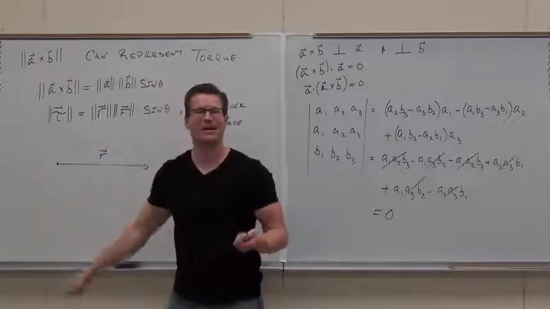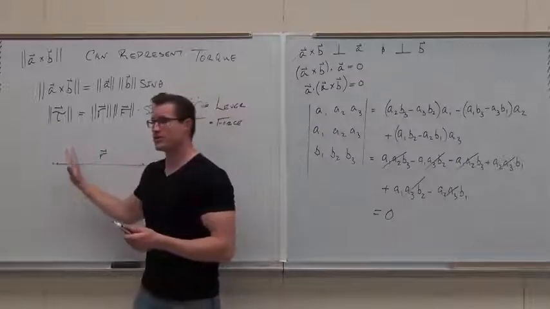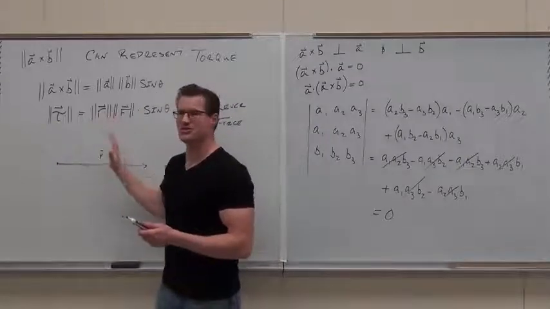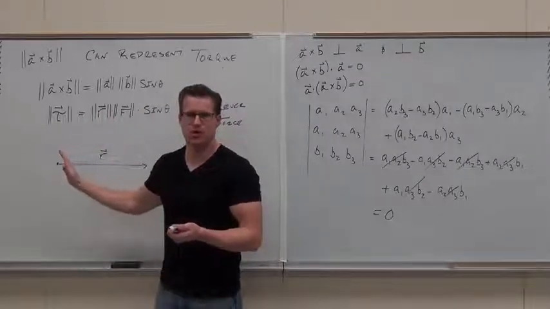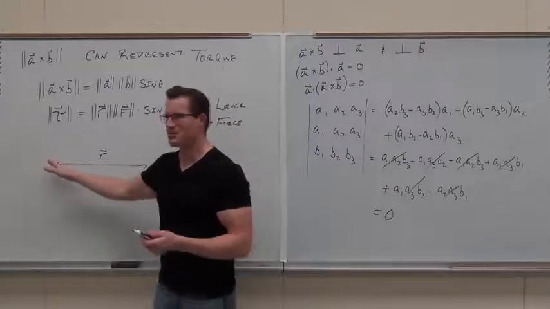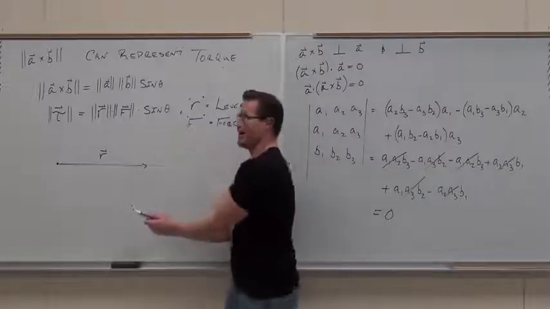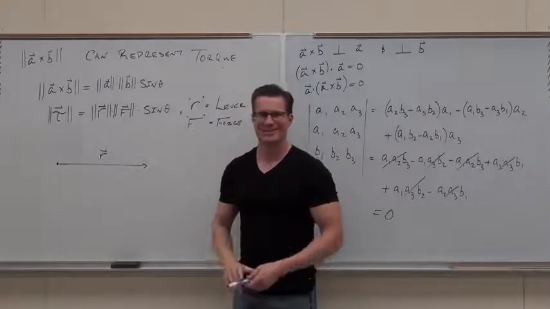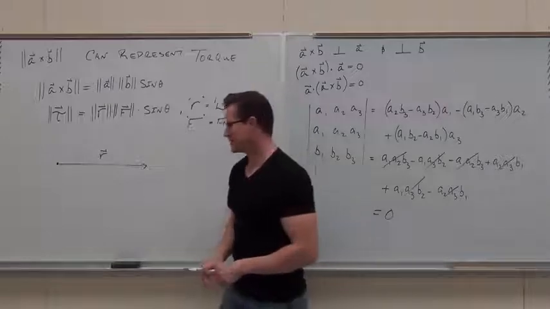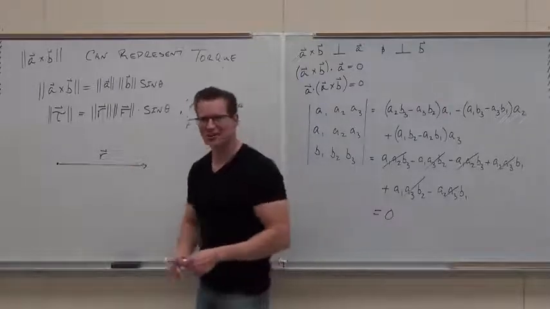Doesn't make any sense. Why? You shorten your effective lever. You shorten the magnitude of that. You're shortening your torque. You're working too hard. You're applying way more force than you need to get the same amount of torque. Which is why we push logically at the end of our lever. We go, oh, let's go way out here. Rah! I feel like a man. All right. Anyway, that's how I get down. I just torque my lug nuts on my truck.